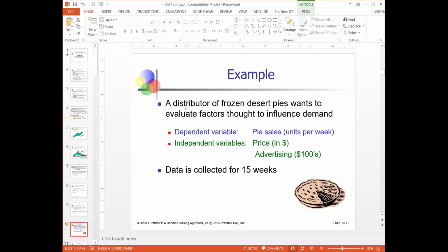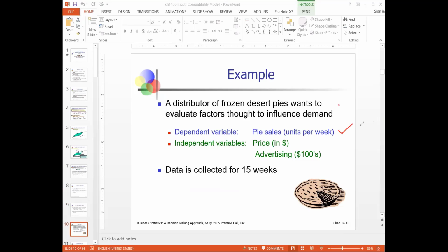So for example, he is giving, there's a distributor of frozen dessert pies. Somebody is distributing dessert pies, and he wants to evaluate the factors that are influencing the demand. To estimate demand, we use the variable sales per week.